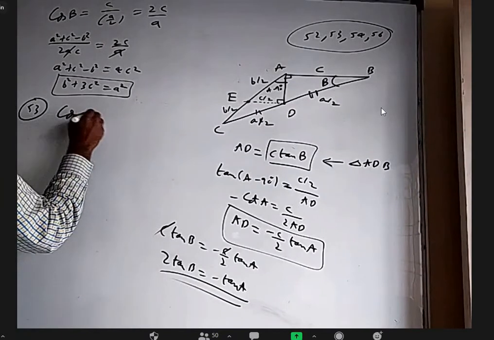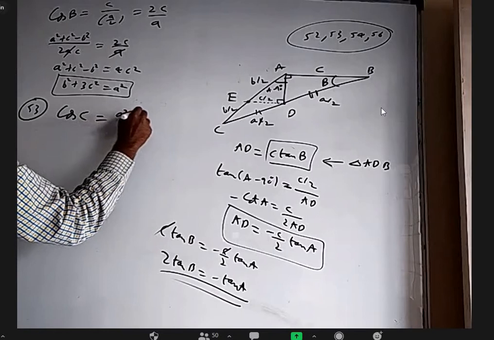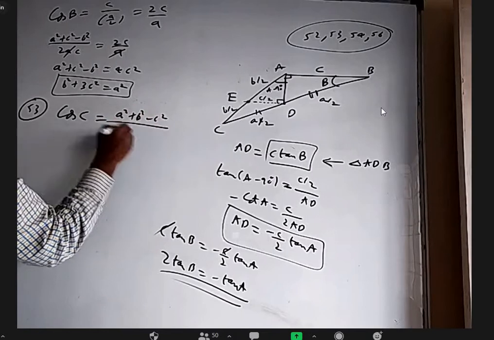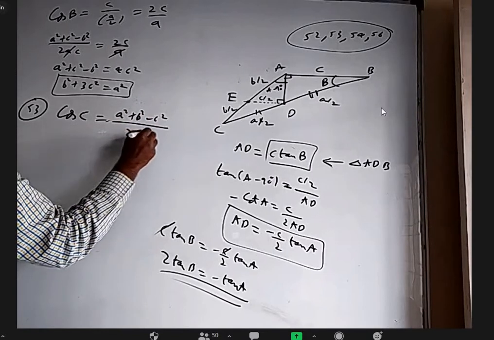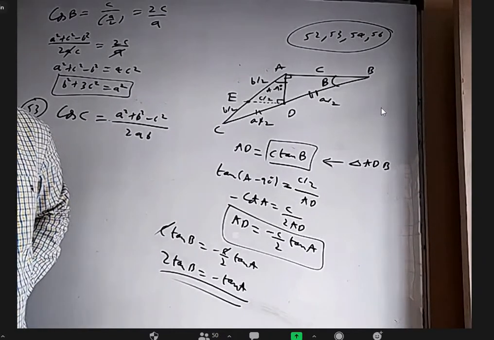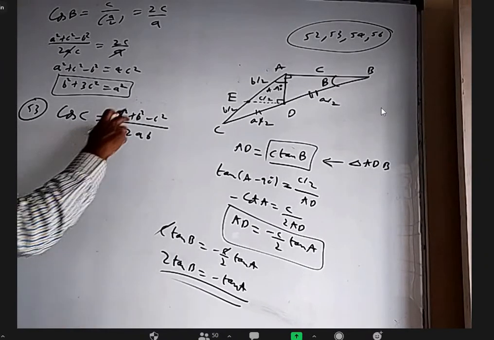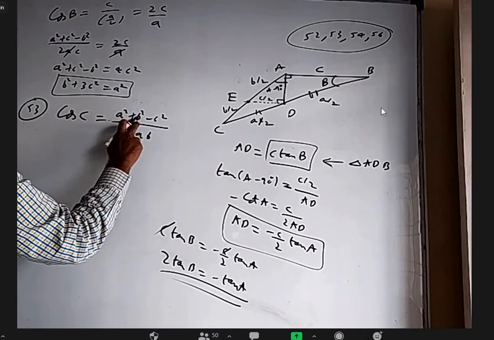We'll try to find cos C. Cos C formula is A square plus B square minus C square by 2AB. They wanted the answer in terms of B and C. We'll see what I can replace now.